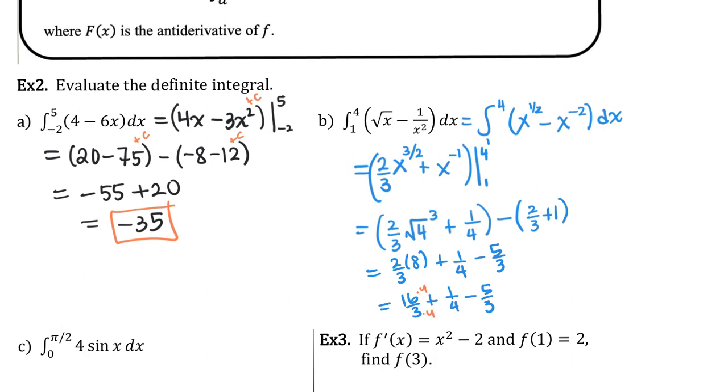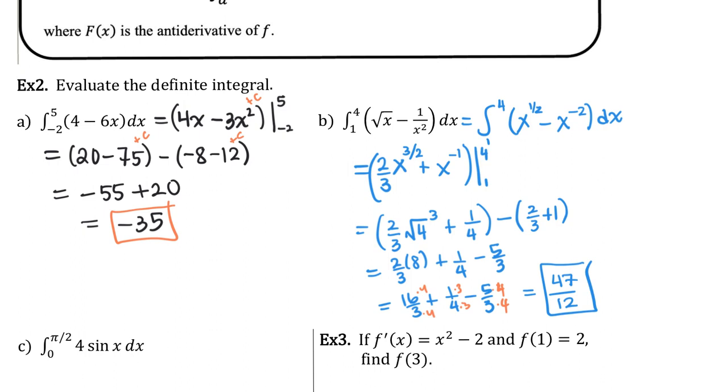Times 4. So what is that? 64 plus 3 is 67 minus 20, 47/12. Okay, so I found that the integral from 1 to 4 of that function was 47/12.